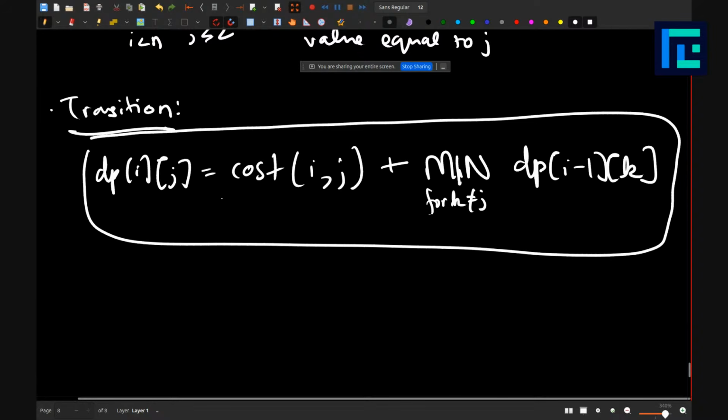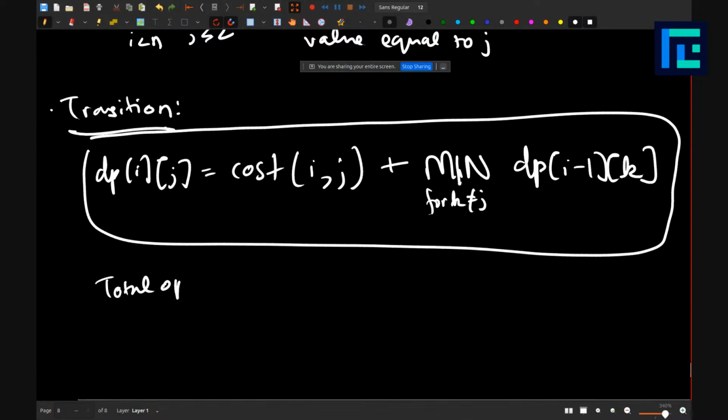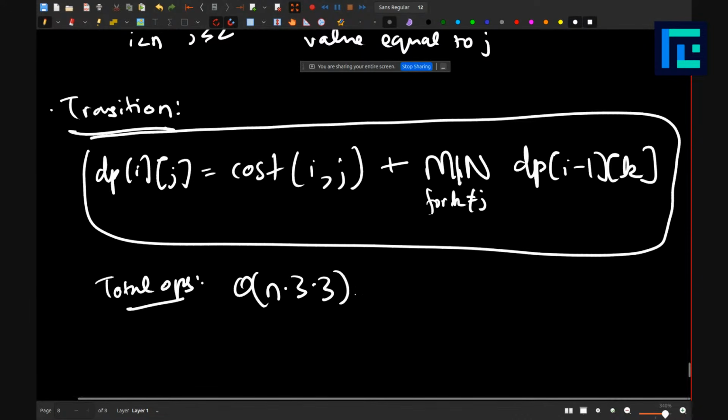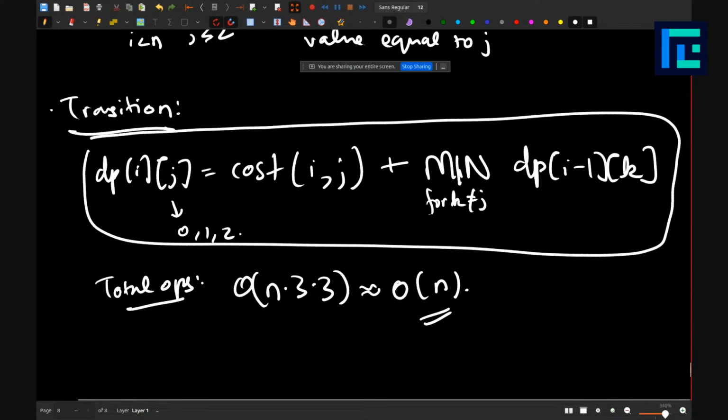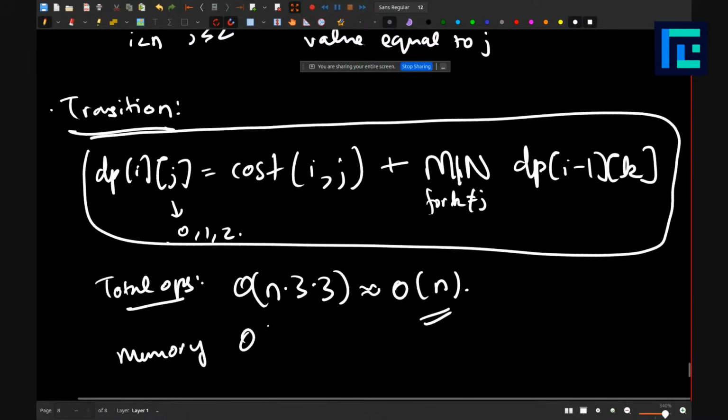Because j is 0, 1, 2 and k is 0, 1, 2, our total operations to compute this dp is big O of n times 3 times 3, which is again big O of n. So we have a simple dp, and for each element we need to consider 0, 1, 2 as the possible cases. Memory will be simply big O of n times 3.